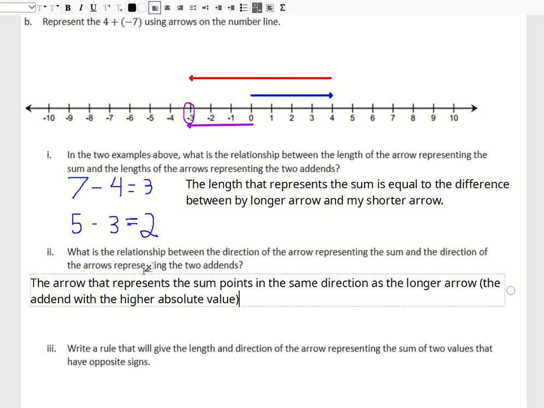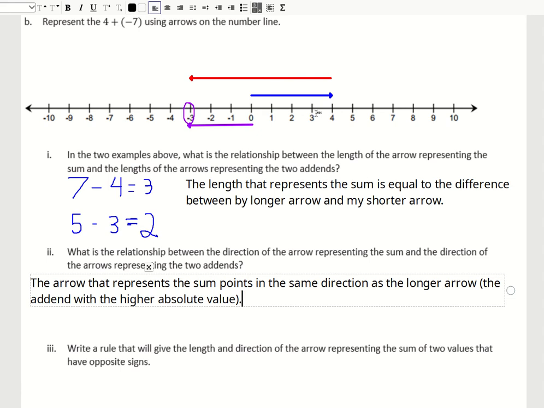Because remember, the reason that arrow is longer is because its absolute value is just a greater number. The absolute value of -7 is 7, which is a bigger number than the absolute value of 4. The value of 4 is 4. 7 is going to be greater than 4.